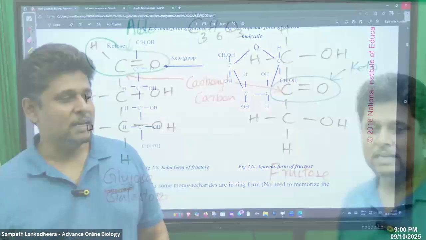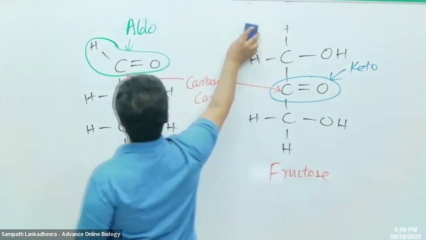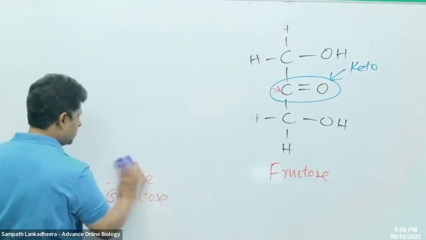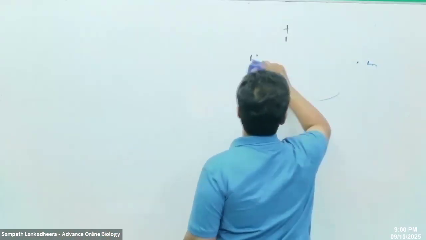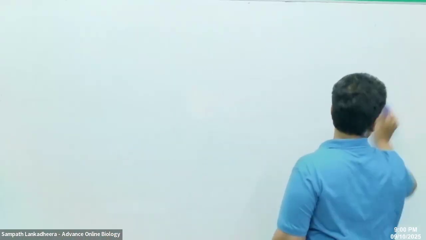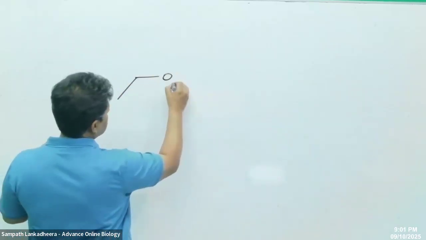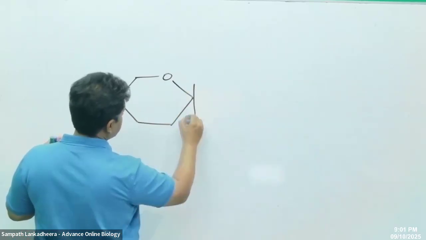Let's draw those ring structures, because in aquatic medium they exist as ring structures. So glucose, rather than having a chain structure, exists like this ring structure.